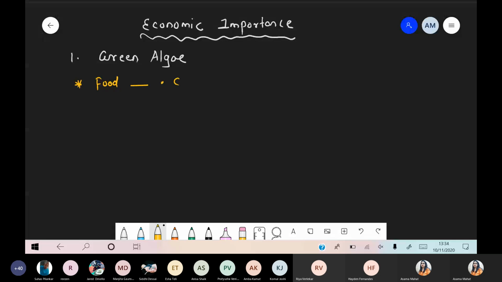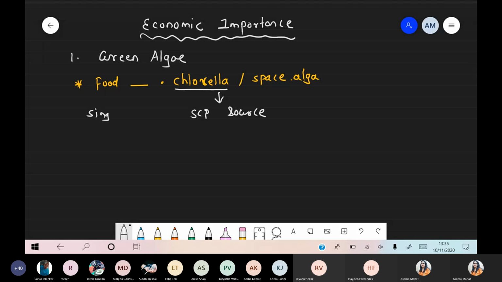You know very well, basically Chlorella, a favorite question. Chlorella is also called space alga because it is a protein-rich source used by space travelers. Chlorella is called space alga because it is a source of SCP, single cell protein, since these are protein-rich protein biomass.